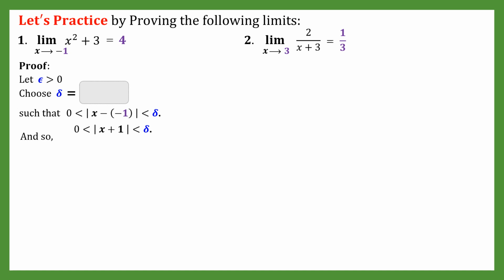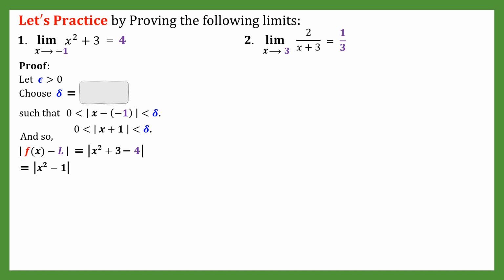And so, the absolute value of f of x minus L equals the absolute value of x squared plus 3 minus 4. This equals the absolute value of x squared minus 1.